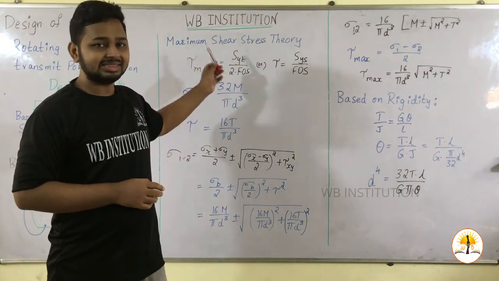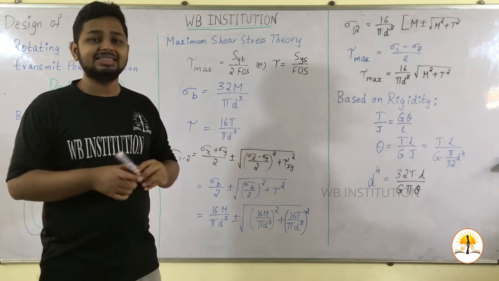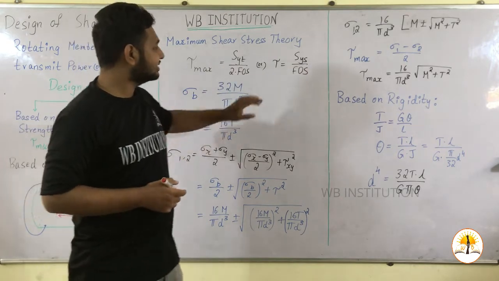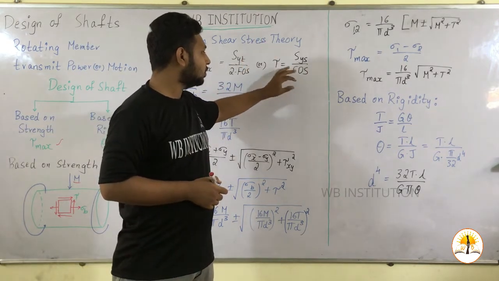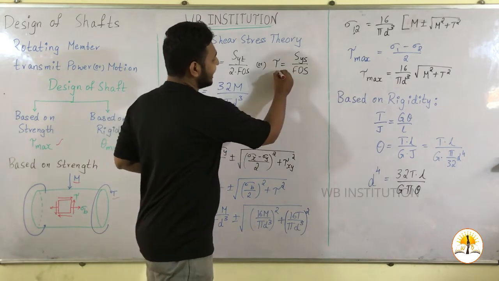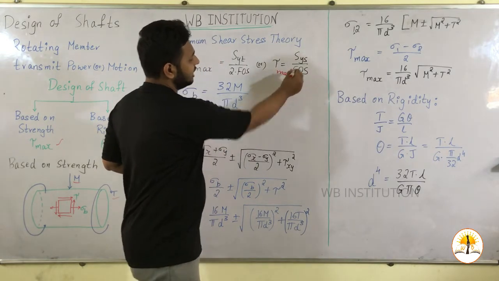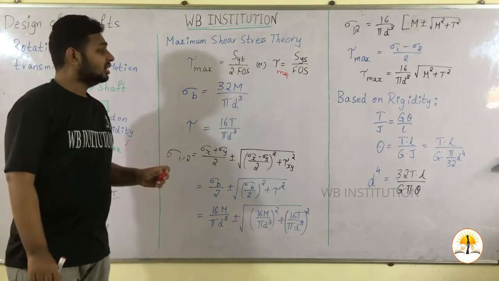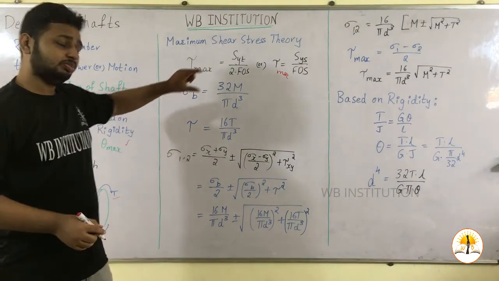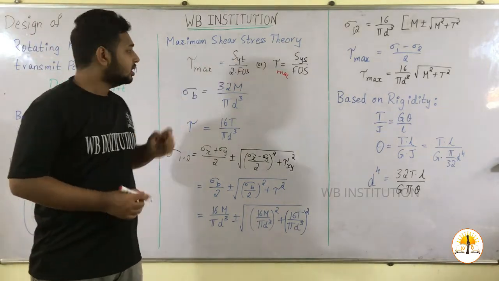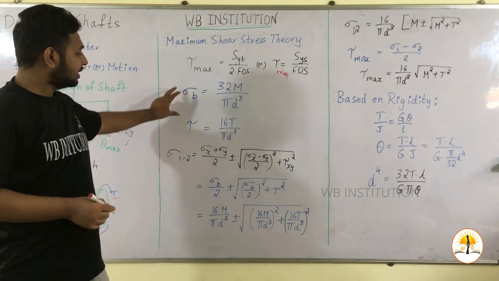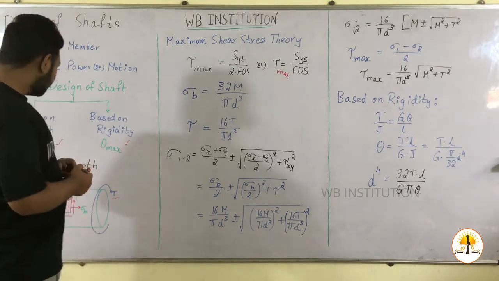Here the yield strength is given. If the shear yield strength is directly given, then tau max equal to Sys divided by FOS. We have seen this in previous classes also.